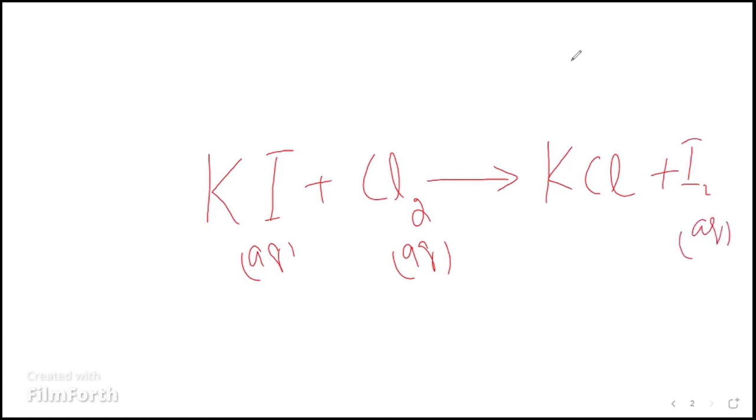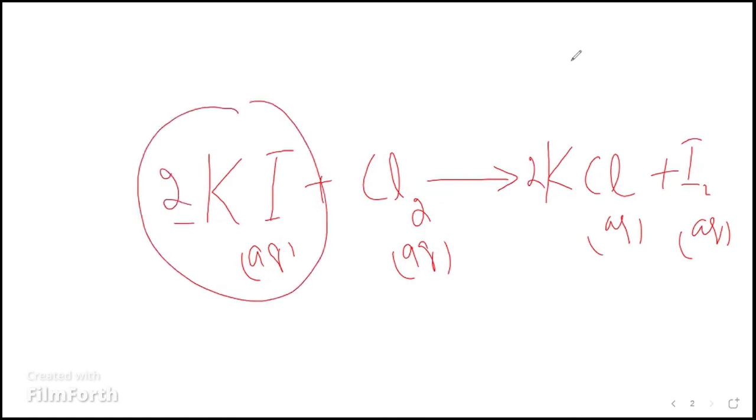So this solution turns from colorless to brown. So chlorine is actually acting as an oxidizing agent. Chlorine is oxidizing iodide ions into iodine.